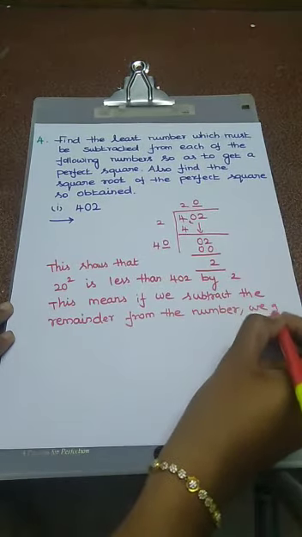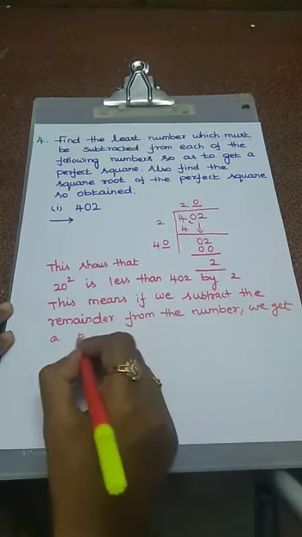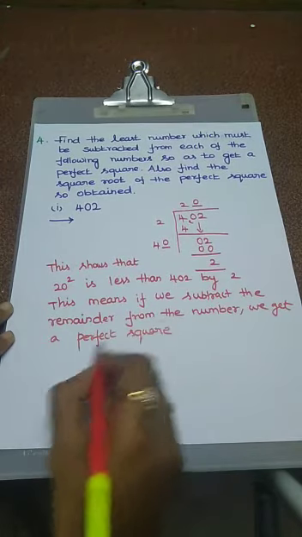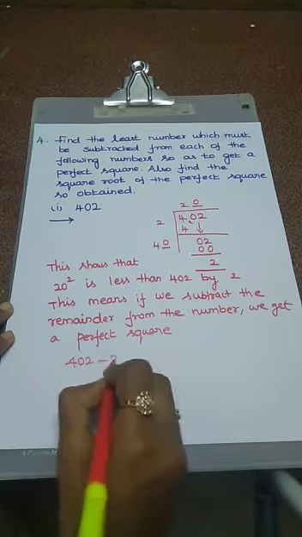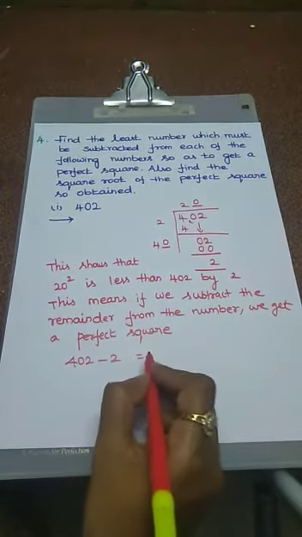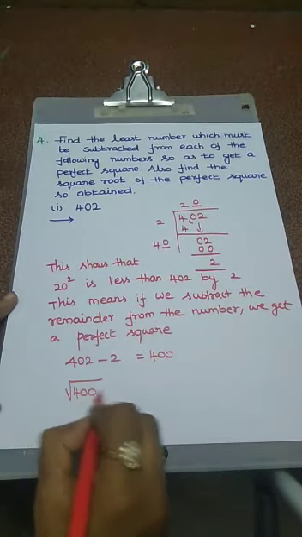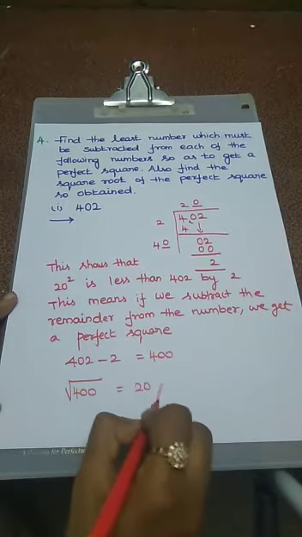So 402 minus 2, what is that? That is 400. We know the square root of 400 is 20. That's all.